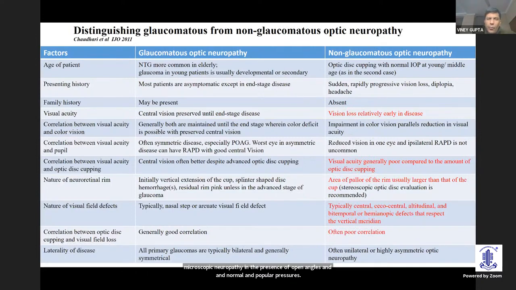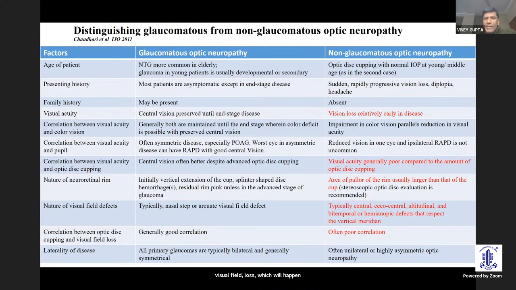So classically, how do we distinguish a glaucomatous optic neuropathy from a non-glaucomatous optic neuropathy? The classical signs are that a non-glaucomatous optic neuropathy would generally have a very severe visual field loss, which will happen early in the course of the disease.